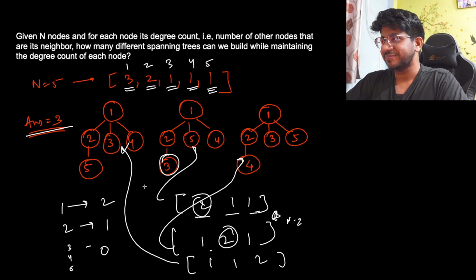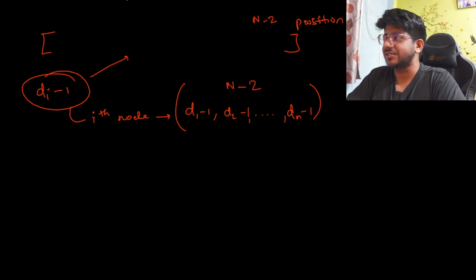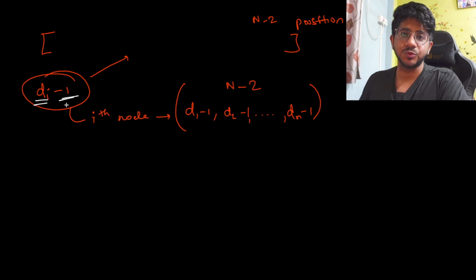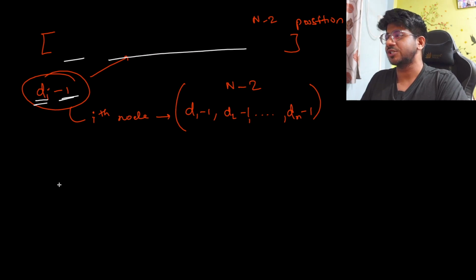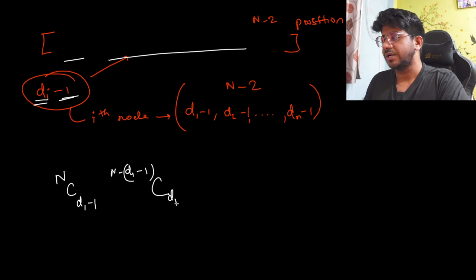Okay. And not just building Prufer codes, you think about how, if your degrees are given, you think about the Prufer code. In fact, you can generalize this: you know that vertex i has degree di, and it will be present di minus 1 times. So there are n minus 2 positions, and you have to choose d1 minus 1 for the ones, then from the remaining choose d2 minus 1, and so on.